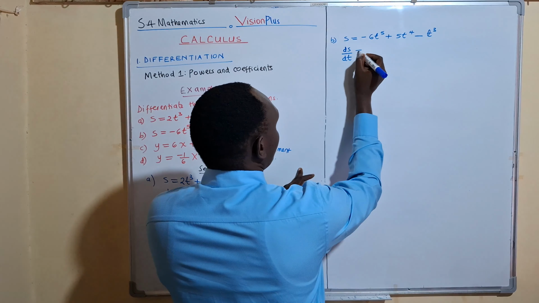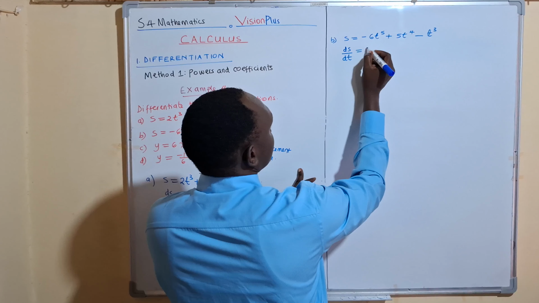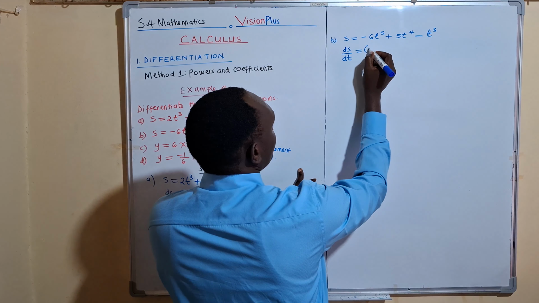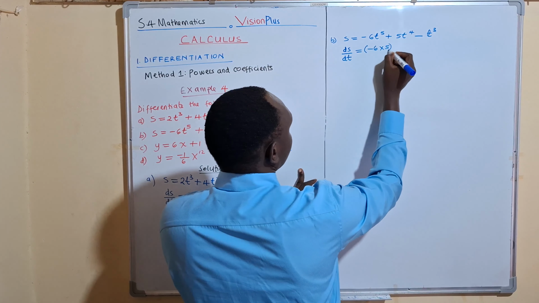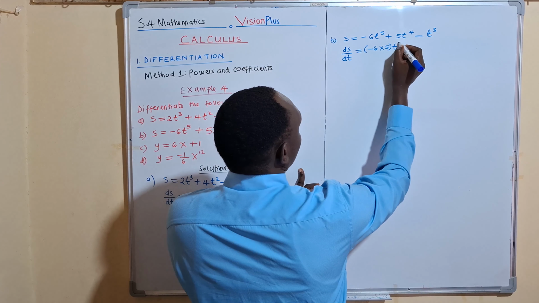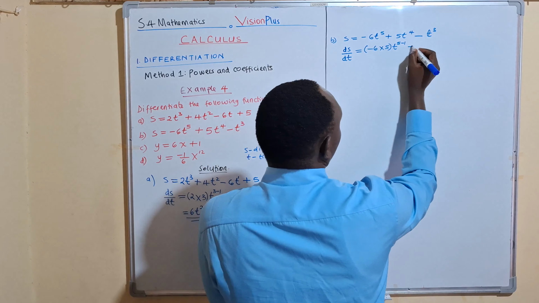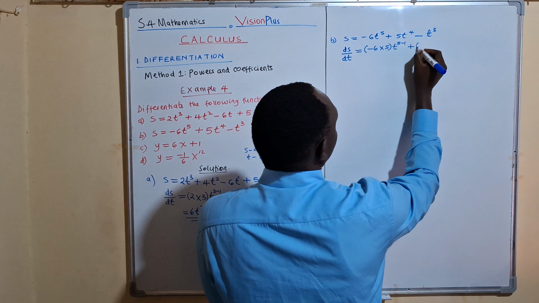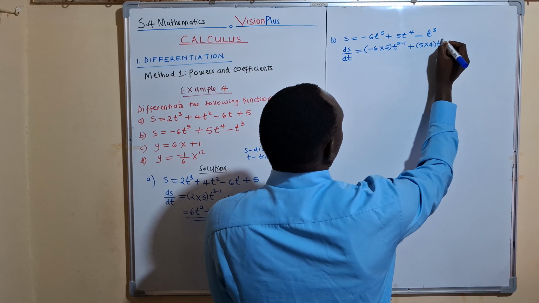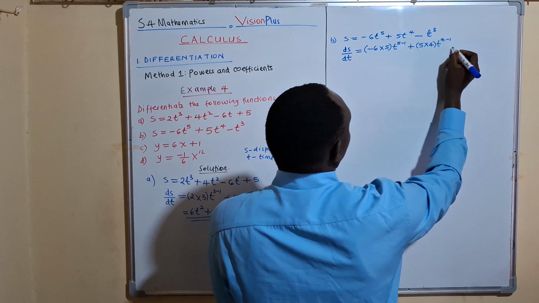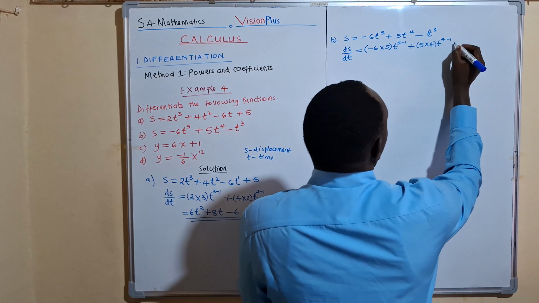On differentiating the first term, we have the coefficient of negative 6 times, we drop the power, 5, t. What is the new power here? It becomes 5 minus 1. Then we continue plus. The second term is 5 times the whole power, which is 4, t. What is the new power? 4 minus 1. Because here it is minus, we put here minus.